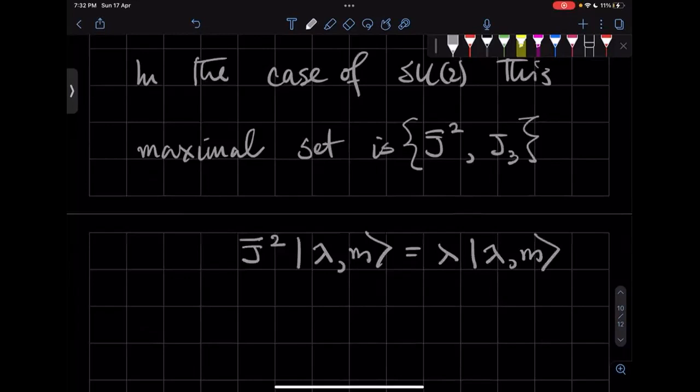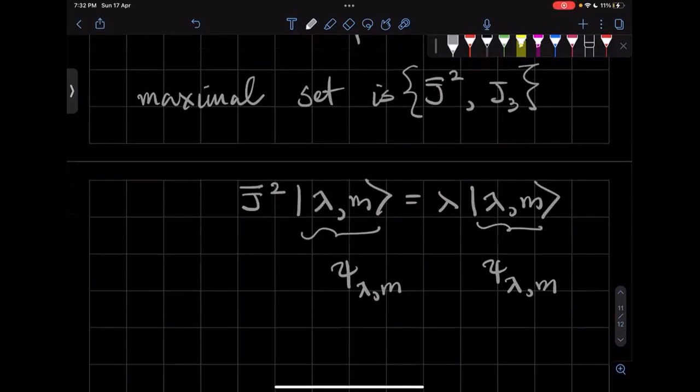And I'm going to use this notation from quantum mechanics, but this just means it's a vector. I could have used something else, but let's just use the Dirac notation. This is just a vector. Okay.